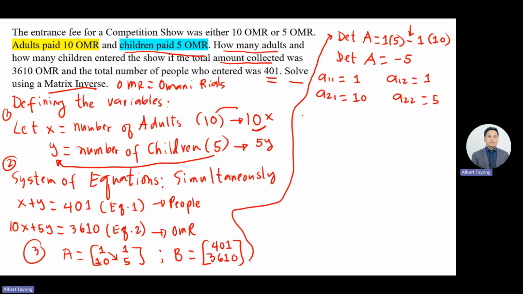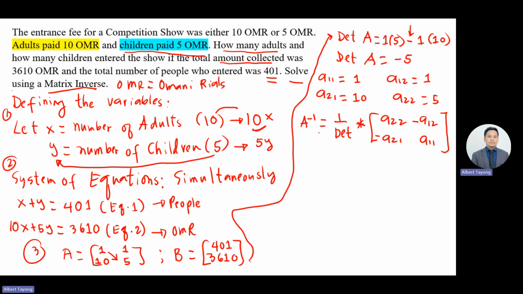The next is the formula, that is 1 over determinant times the values. So we have to swap 22 and 11. 21 and 12 will be the same, but we have to get the opposite signs.